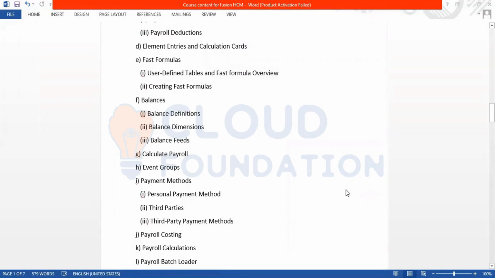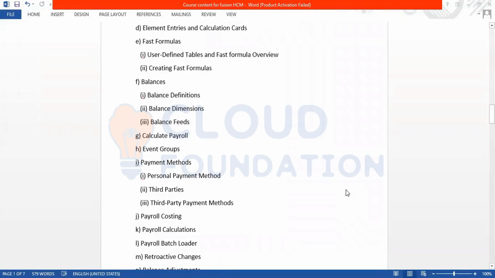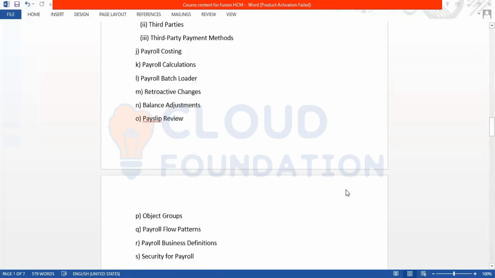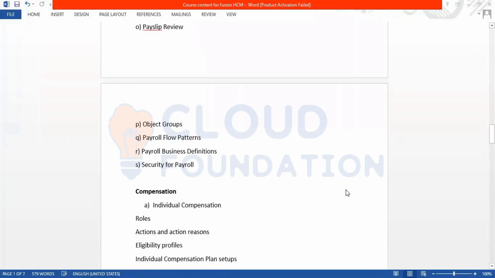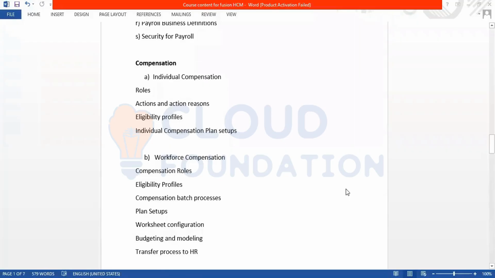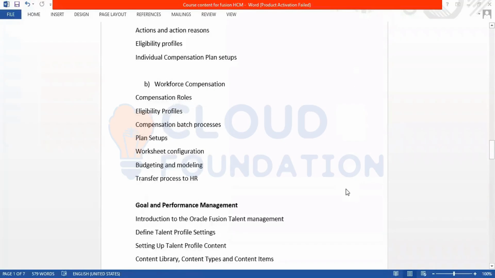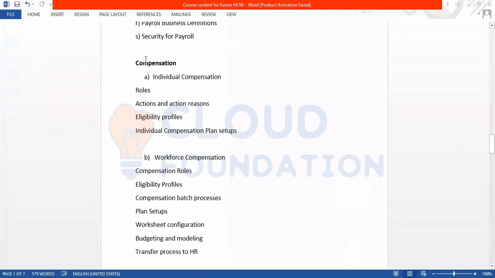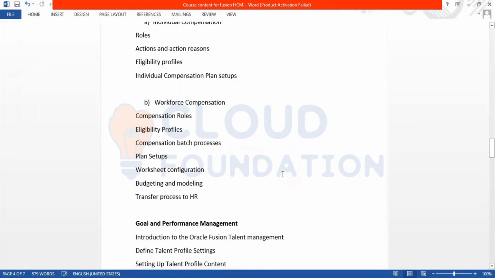What is the event groups? What is payment methods? Personal payment methods, third-party payment methods, payroll costing, payroll calculations, all these things we're going to discuss. In compensation, we have individual compensation, workforce compensation. So compensation is a different module. The individual and workforce compensation.